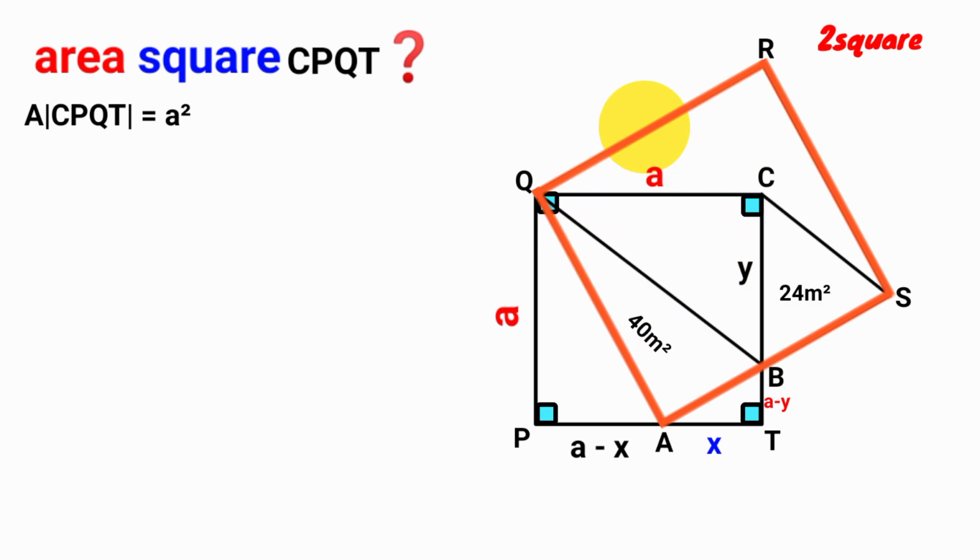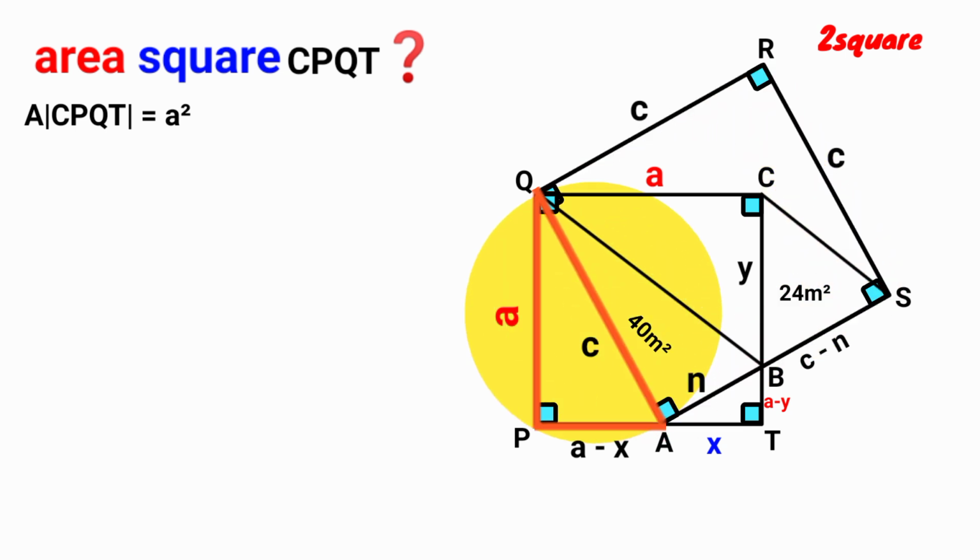So if you assume the length of this side to be C, this side, this, and this each must also be C. But this is divided into two segments. If we let this be n, this must be C minus n. All the angles of the square are right angles. Therefore, this angle, this, and this are right angles.